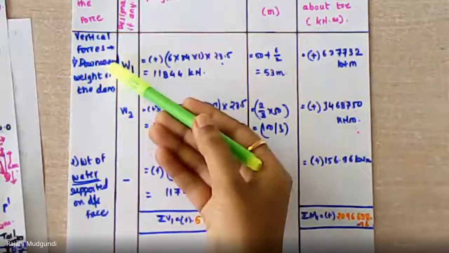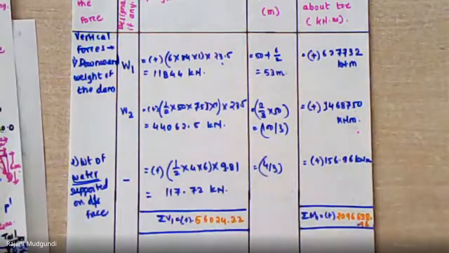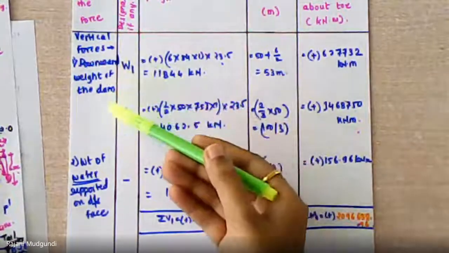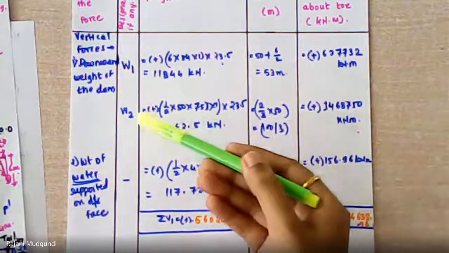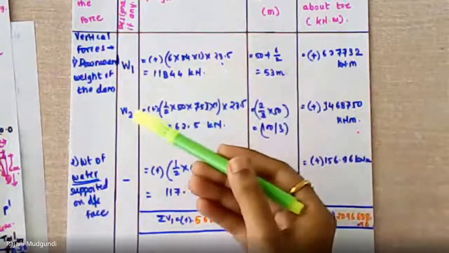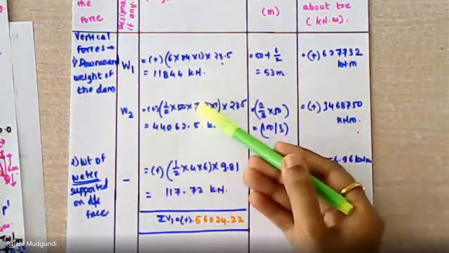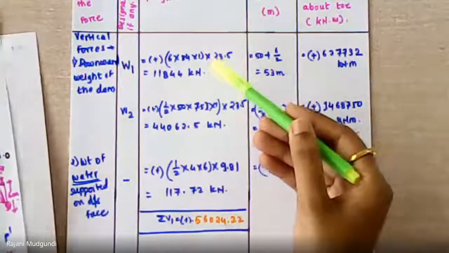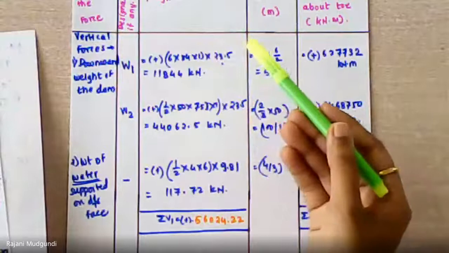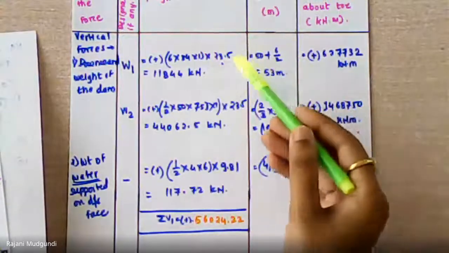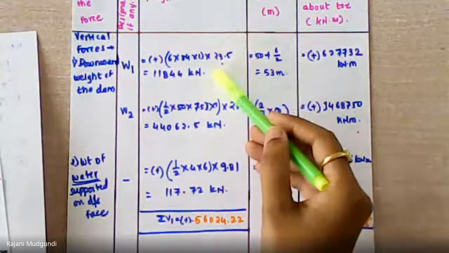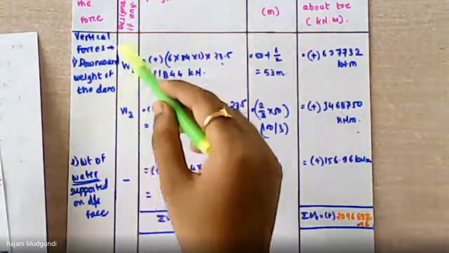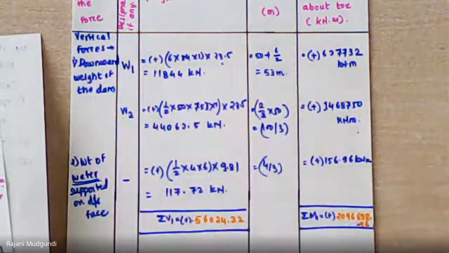In the first part, we have calculated the vertical downward weight of the dam, W1 and W2, where W1 is the rectangular segment and W2 is the triangular segment, right? Cross-section multiplied by 1 gives us the volume of the dam, multiplied by unit weight, that gets converted to the downward weight of the dam.